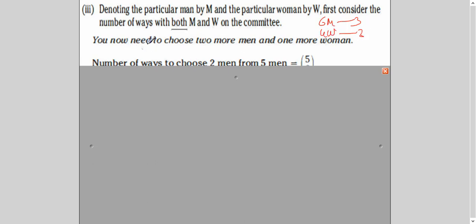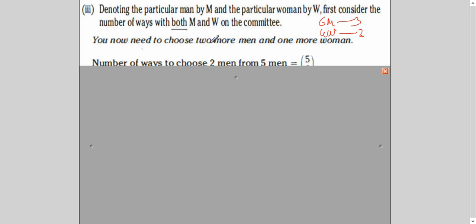Now if we select the case that both of them are on the team, there are 2 ways to do it. One way is that you find the total number of ways and then subtract the cases when they both are on the committee. If you subtract those from the total number of cases, the remaining cases are those in which only one of them is present, right?